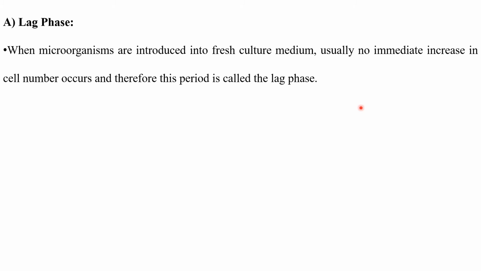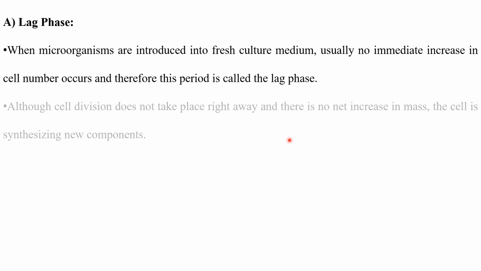That period is known as the lag phase. When organisms are introduced into fresh culture medium, no immediate increase in cell number occurs, as organisms require some time to adapt to the environmental conditions. This period where no growth is found is known as the lag phase.